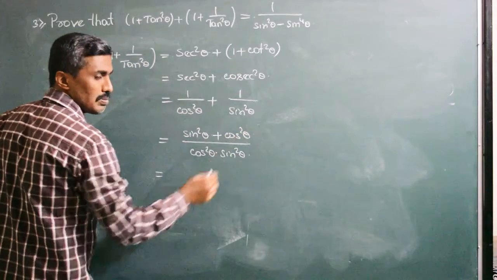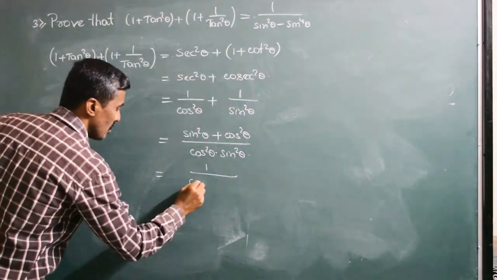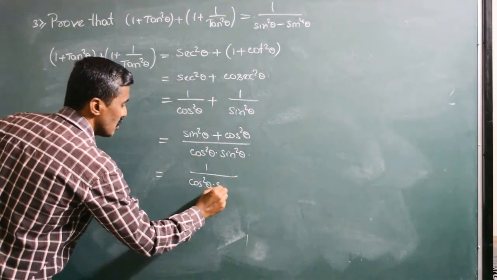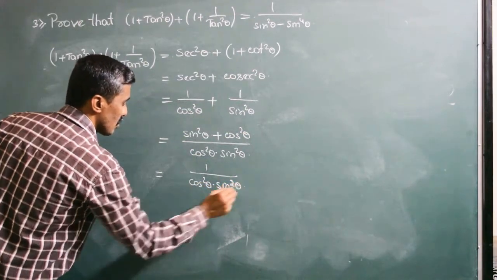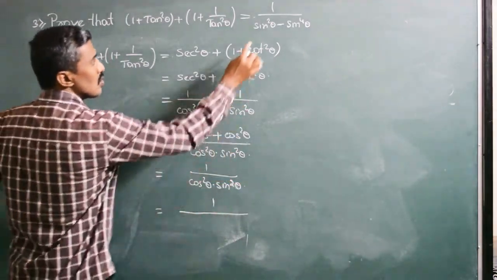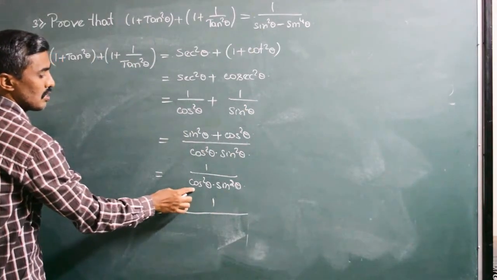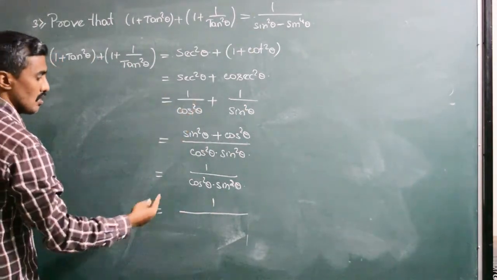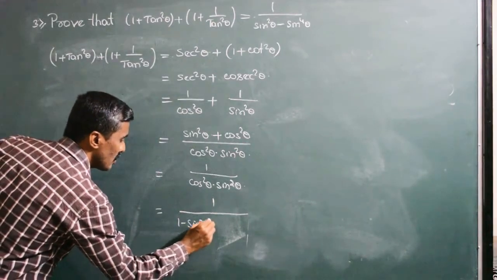So what is sine square theta plus cos square theta? It is 1, that is from the first identity, divided by cos square theta into sine square theta, that is equal to 1 divided by sine square theta that we got now. Now we have to express cos square theta in terms of sine square theta. What is cos square theta? That is 1 minus sine square theta from the first identity.